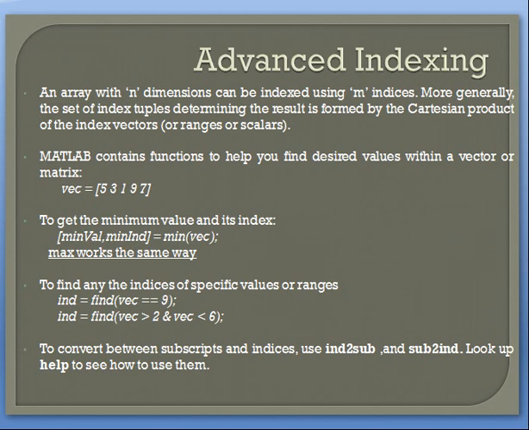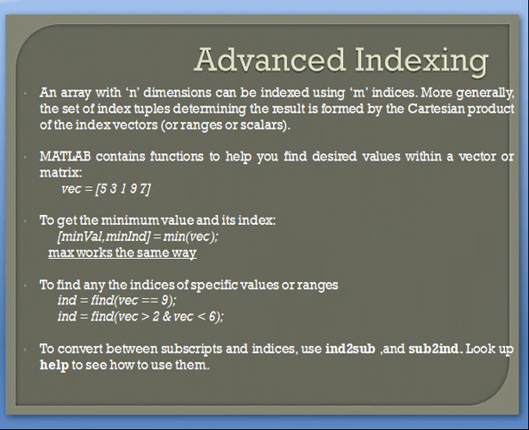Now talking about advanced indexing. An array with n dimensions can be indexed using m indices. More generally, the set of indexed tuples determining the result is formed by the Cartesian product of the index vectors, that is ranges or scalars, whatever.